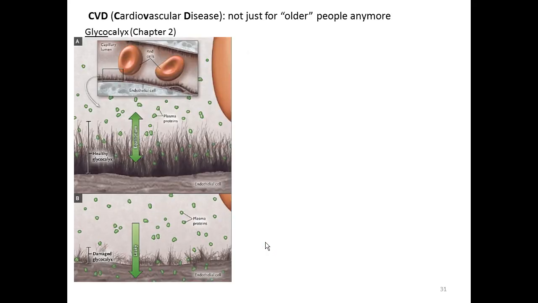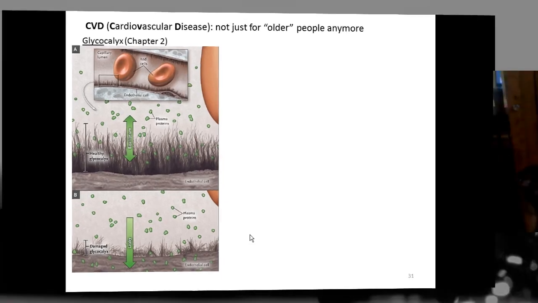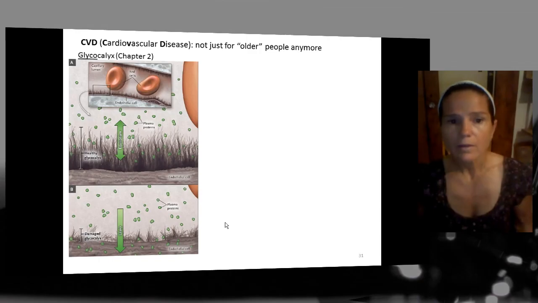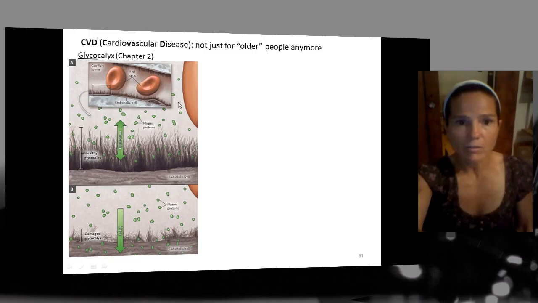So here I go again with my bad news. Research is coming out in the last 10 years especially with this, and I'd be remiss not to warn you. You know, I talk about diet a lot, and we talked about the glycocalyx in chapter 2, so I try to explain why, you know, what high amounts of sugar, and you know that sugar will spike insulin, and insulin blocks fat burning, but it also abrades the lining of your vascular system.